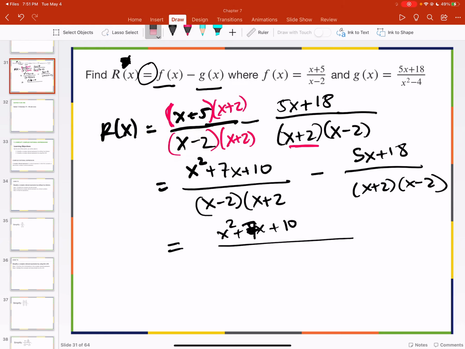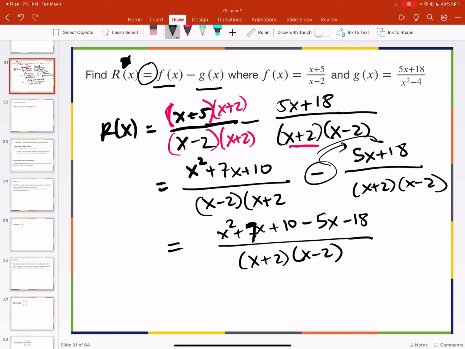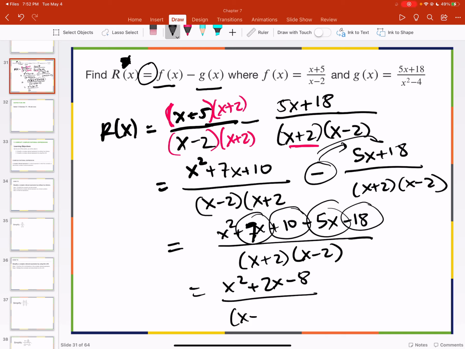That looks terrible. That's a 7, not a 5. Minus 5x minus 18, because of this negative, right? We have to distribute. We're subtracting the entire numerator, and that's over (x plus 2)(x minus 2). Okay, simplifying here, we get x squared. 7x minus 5x is 2x. 10 minus 18 is minus 8. All over (x plus 2)(x minus 2).